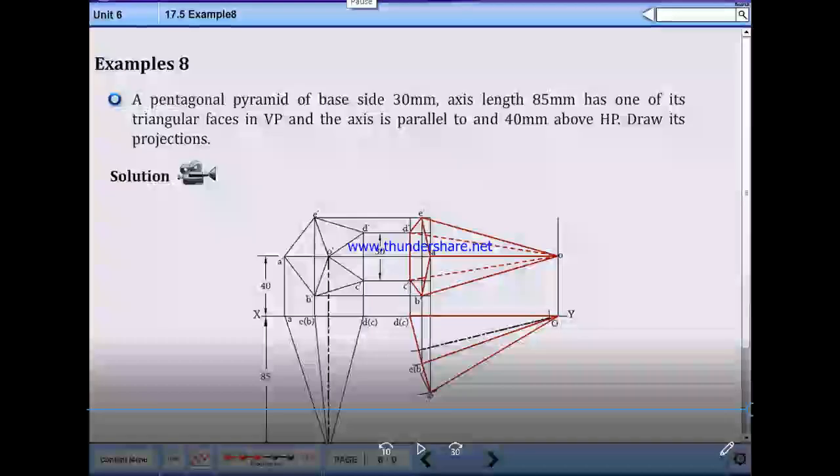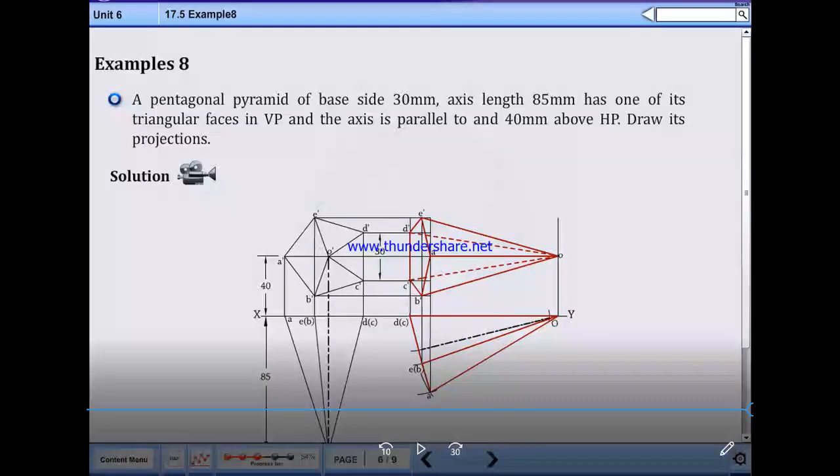Now we will see another example, that is example 8. Note down the first problem. A pentagonal pyramid of base side 30 mm, axis length 85 mm, has one of its triangular faces in the vertical plane and the axis is parallel to the HP, 40 mm above HP.